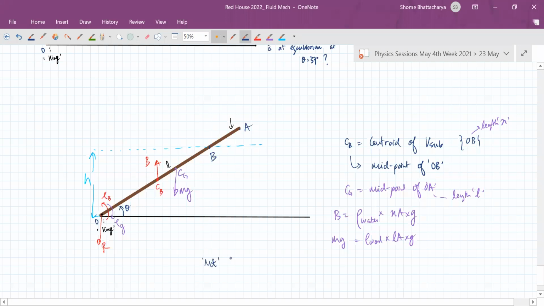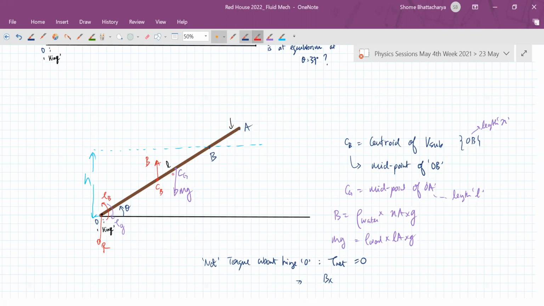So net torque about the hinge at O should be 0. So that means the buoyant force into, now whatever this moment arm is, we'll calculate in a moment.